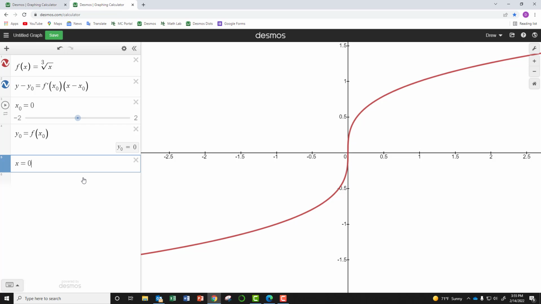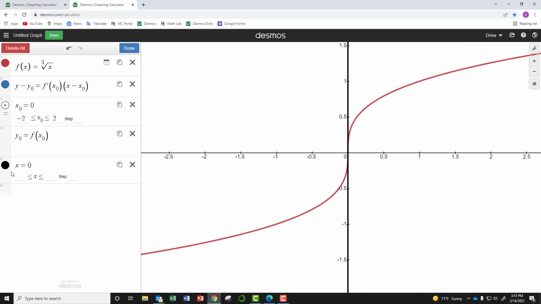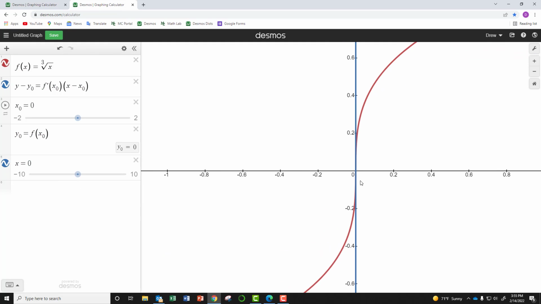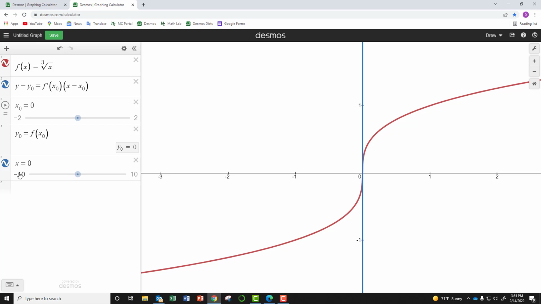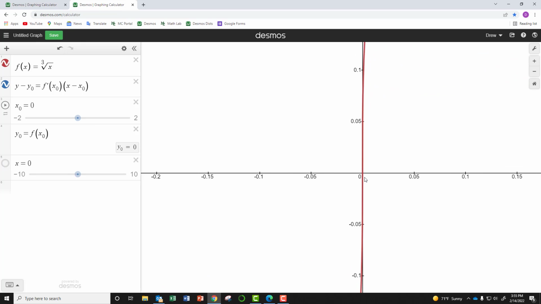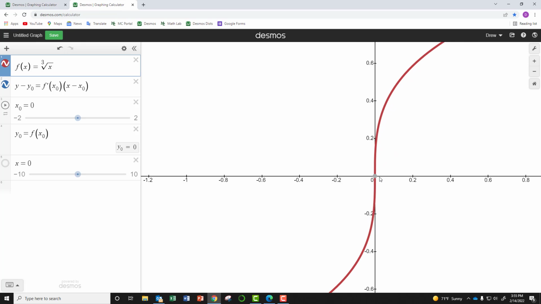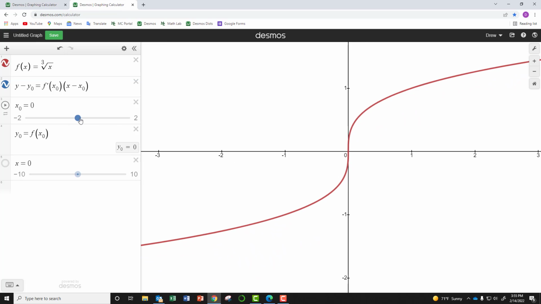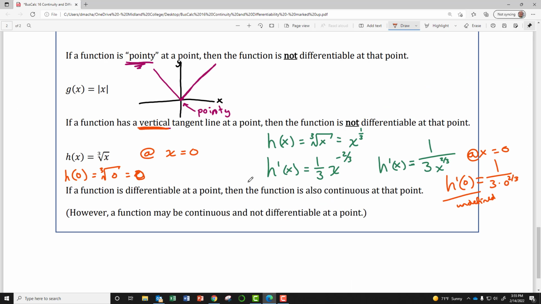But basically this tangent line should look like a vertical line when I talk about the tangent line at x equals 0. You can look at the steepness of this red curve and see that it does go vertical right at the origin. So that's what we mean by the geometric interpretation of that vertical tangent line, and that's why it's not differentiable.